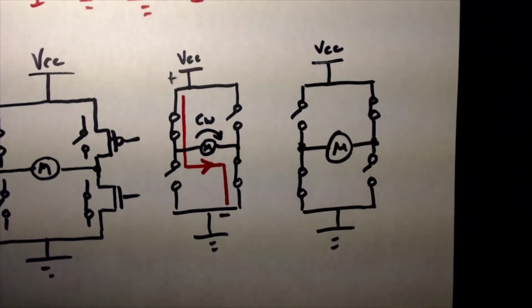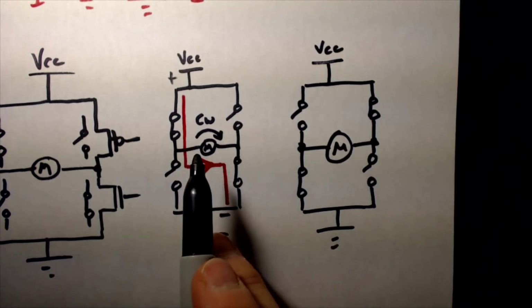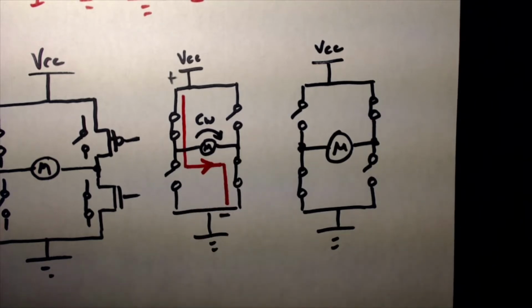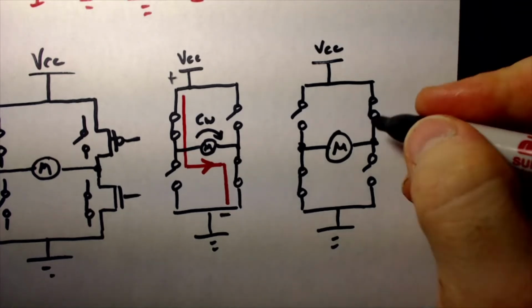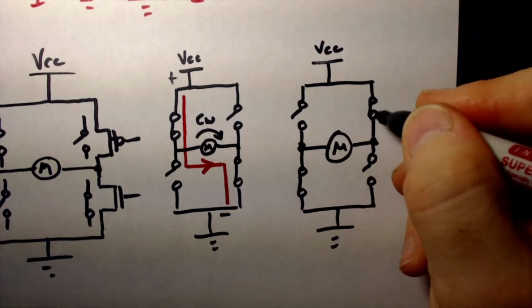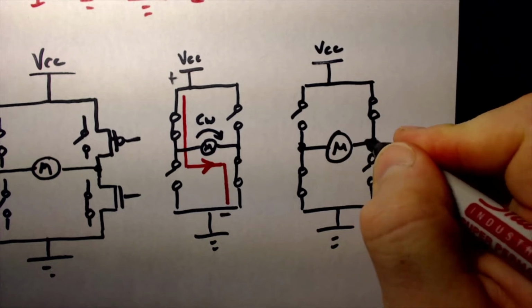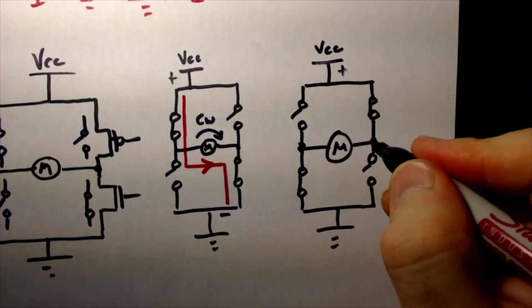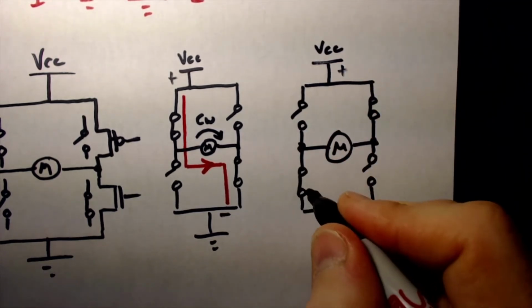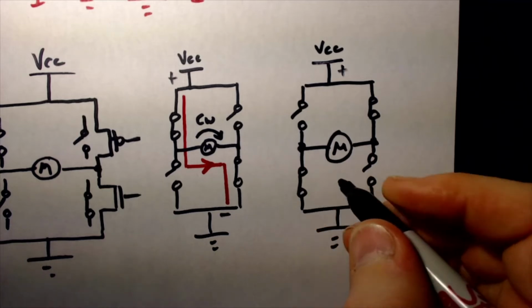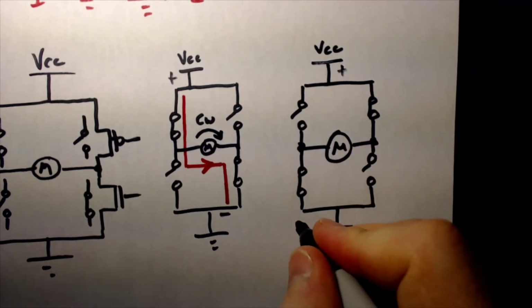If instead of this, I alternate which MOSFETs are closed and open, notice which way my current direction is now. This upper P channel MOSFET is pulling this side of the motor up to positive, and this corresponding N channel MOSFET is pulling this side of the motor down to ground.